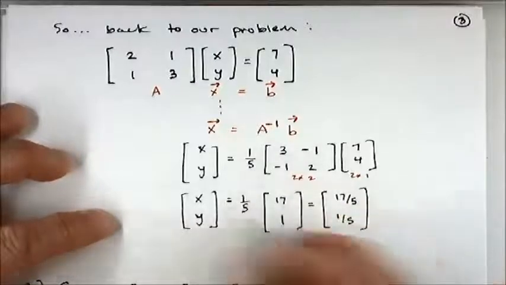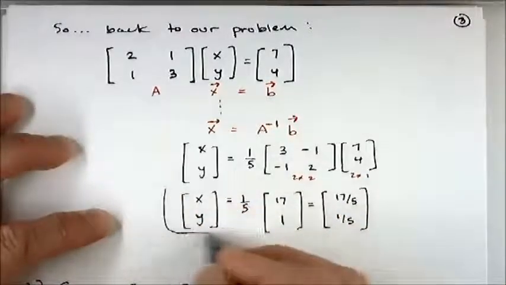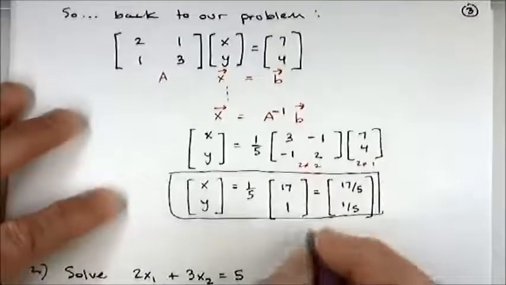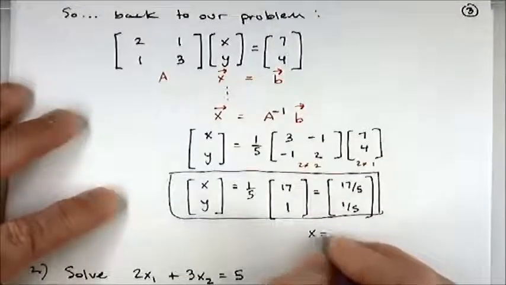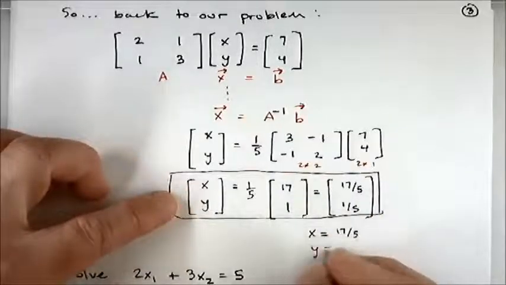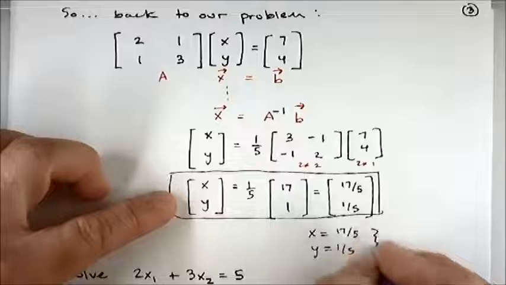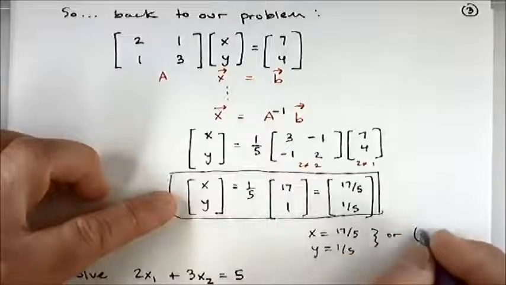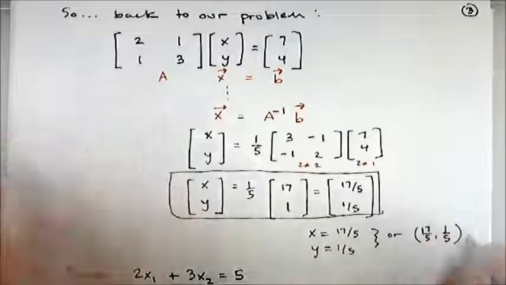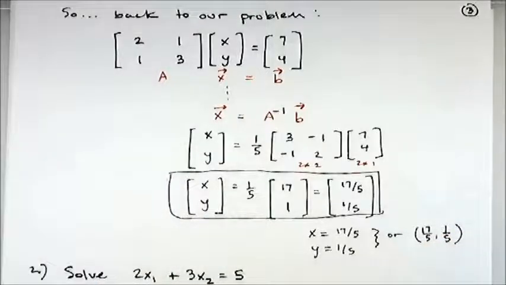While it's totally fine to leave your answer like this, in matrix notation, we know what that means. What are we really saying? The solution to our system was X equals 17/5, Y equals 1/5, or you could write it as a point, X and Y, 17/5, 1/5. You could write it like that as well, either way.